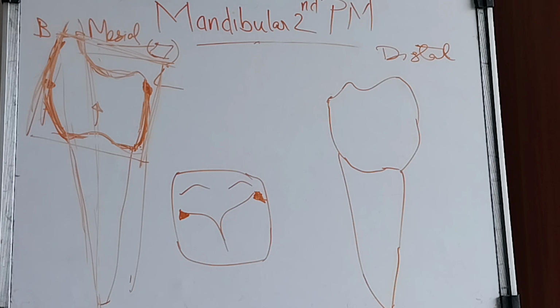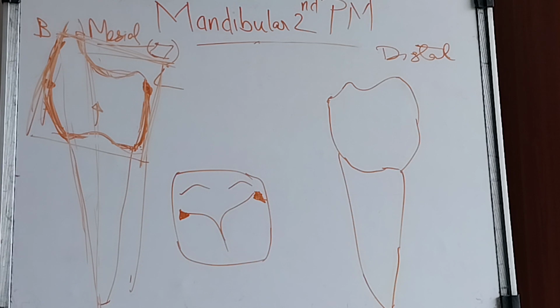The mesial surface is smoothly convex and may have some developmental grooves. It's basically smooth and convex, but a bit of developmental grooves are present there.